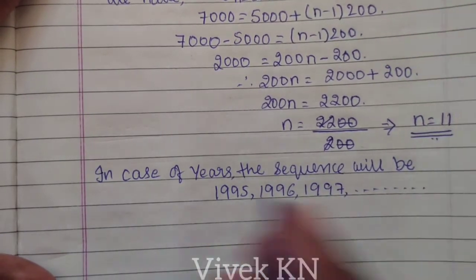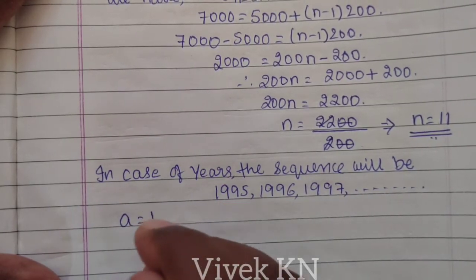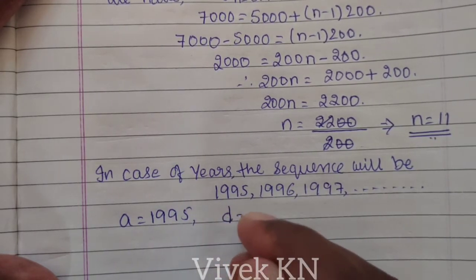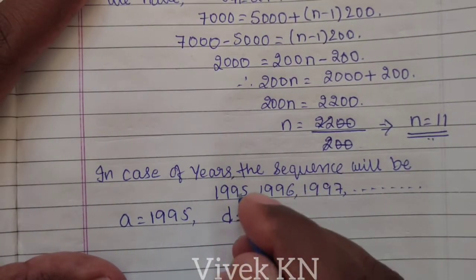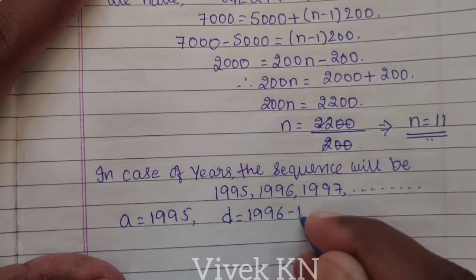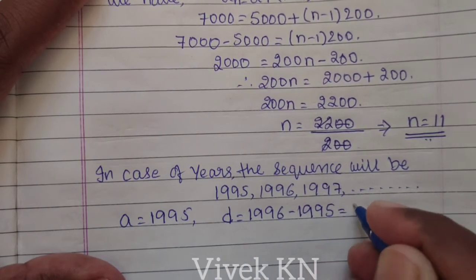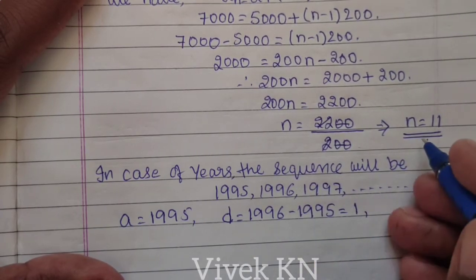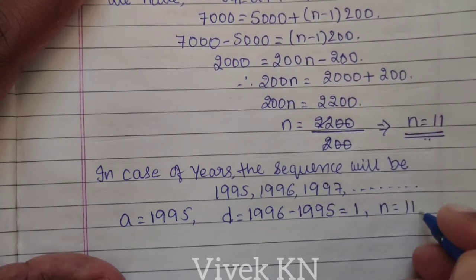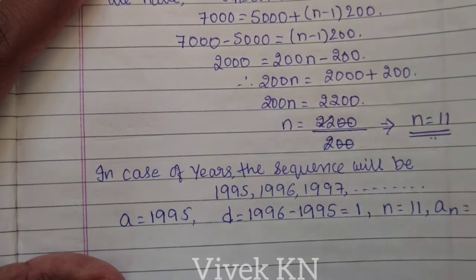In this case, the value of a, the first term, is 1995, the common difference a2 minus a1, that is 1996 minus 1995, is equal to 1, and the value of n is equal to 11. We have to find out the value of an.